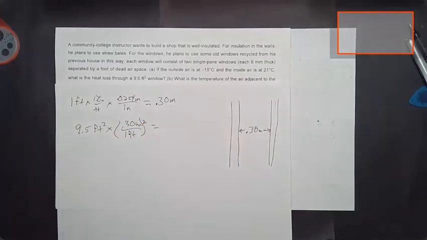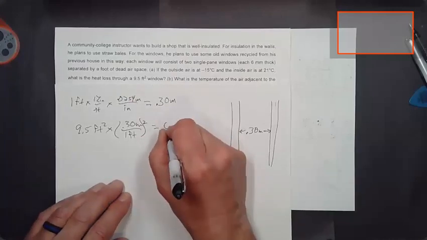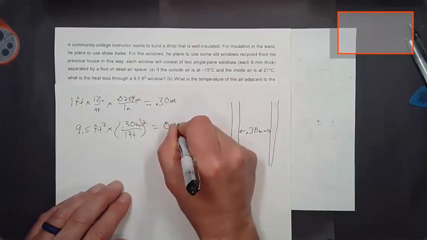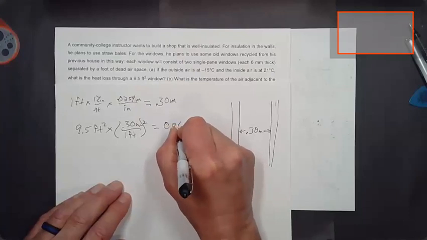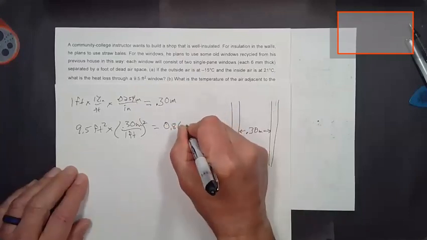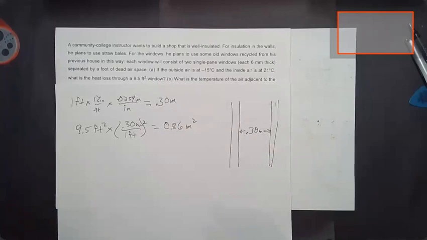And it helps to turn on your calculator. It'd be about 0.86 to two significant figures meters squared.